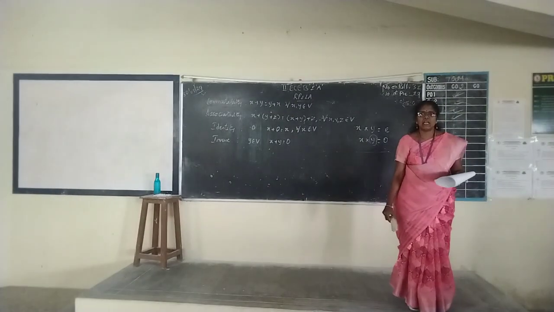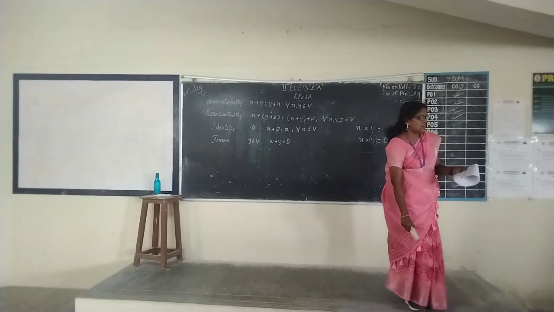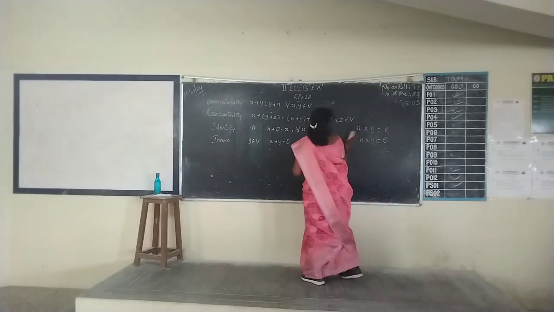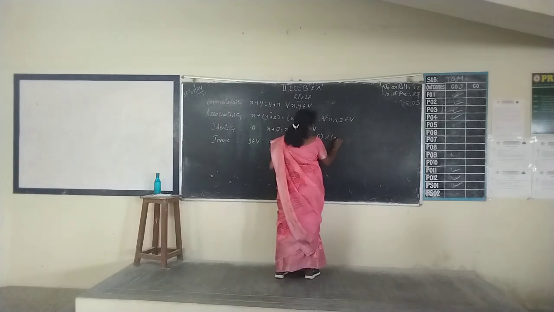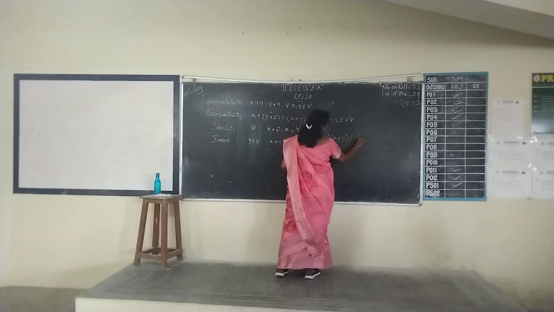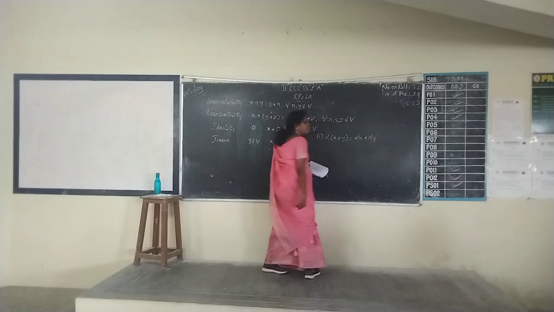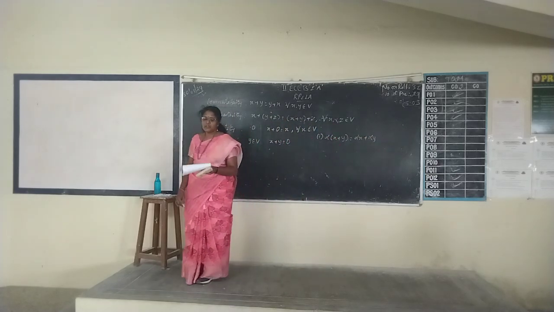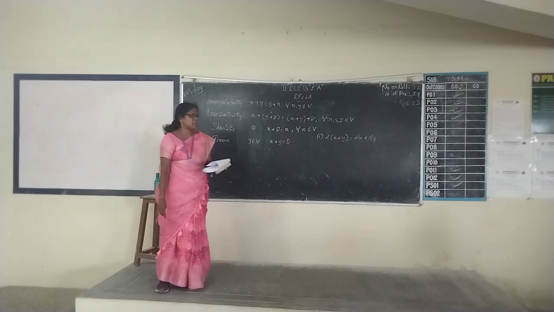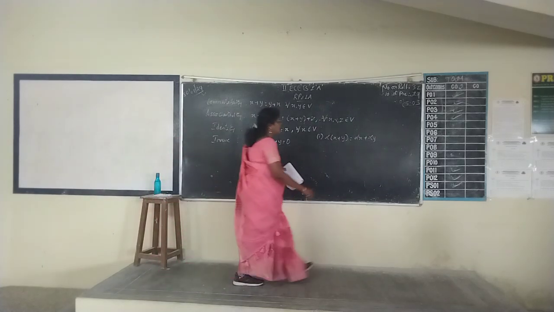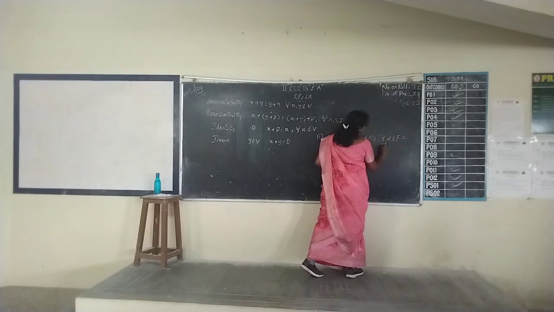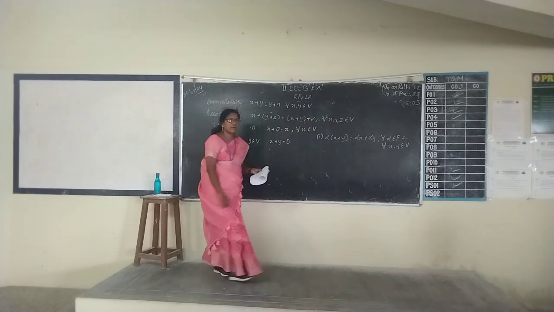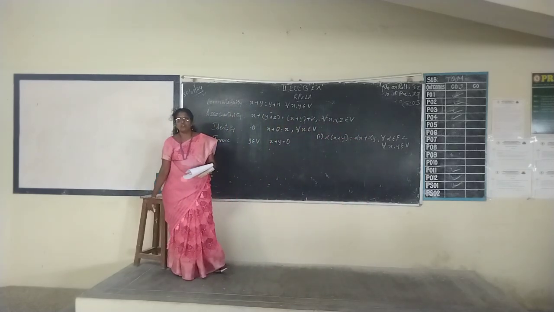First condition: alpha into x plus y should be equal to alpha x plus alpha y, for all alpha belongs to F and for all x, y belongs to B.